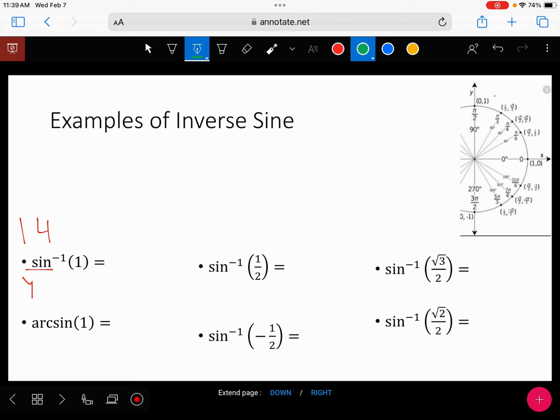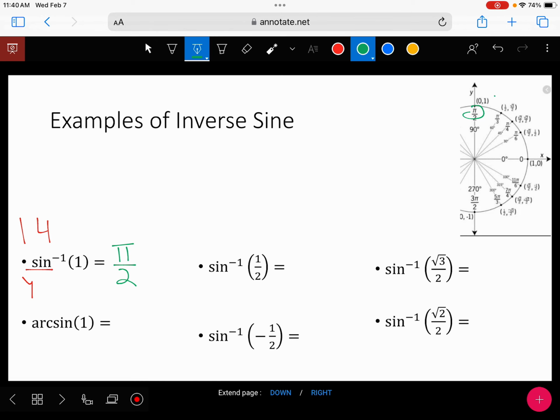Here we see that the y coordinate of 1 happens up there. And so our answer is just going to be that radian value. All of our answers are always going to be in radians. So if you're not super comfortable with the radians, maybe take some more time to go back over your unit circle. You got to be really strong with radians in this chapter. So our answer would just be pi over 2.